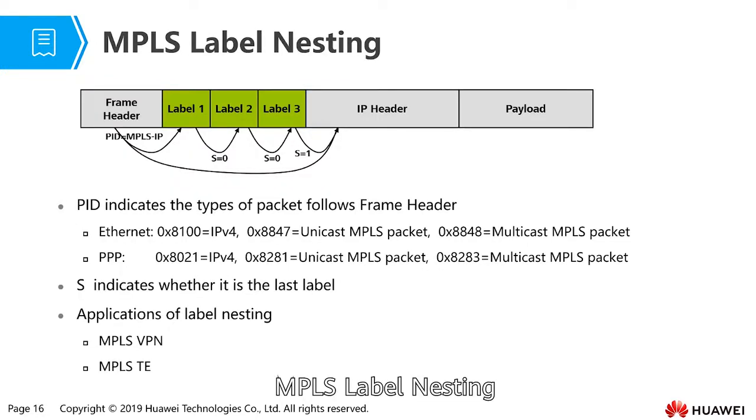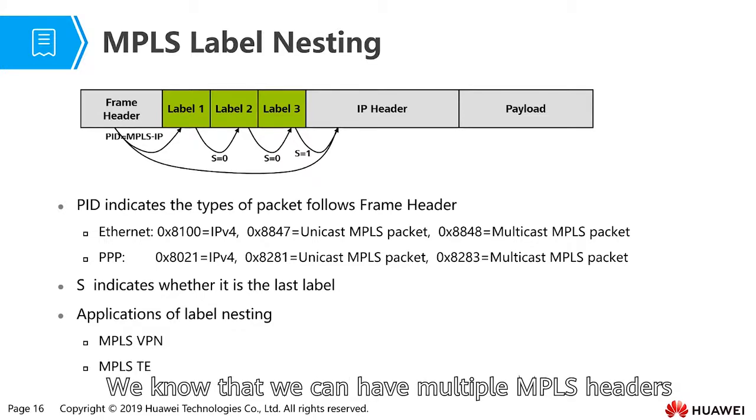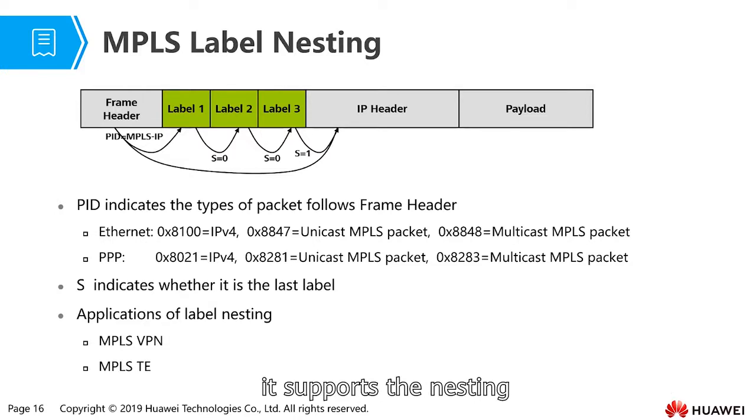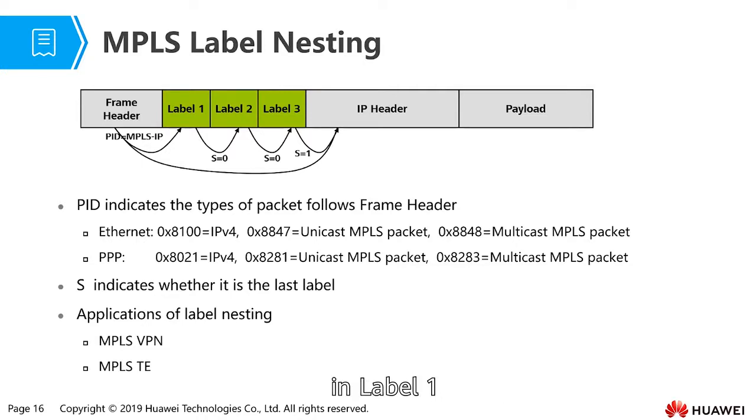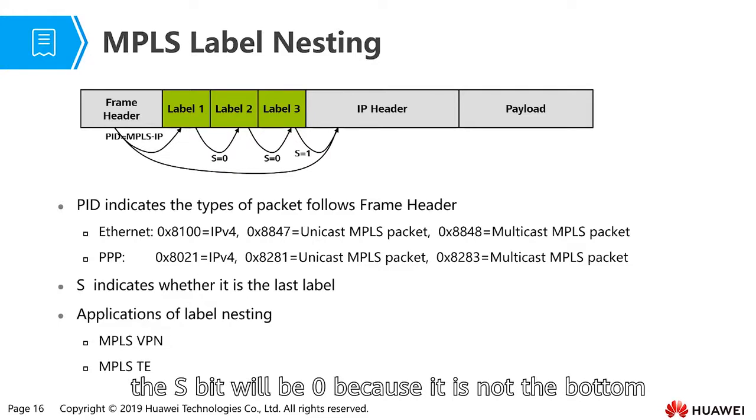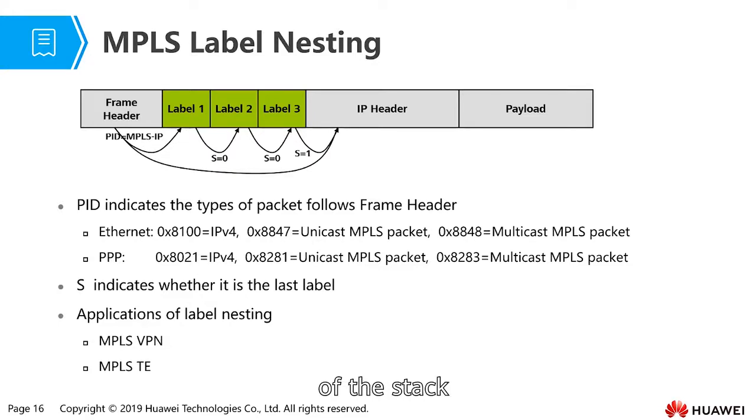MPLS label nesting. So we know that we can have multiple MPLS headers. It supports nesting. For example, we have level 1, level 2, and level 3. In level 1, the S bit will be 0 because it is not the bottom of the stack. In level 2, S will also be 0. In level 3, the S will be 1 because level 3 is the bottom of the stack.